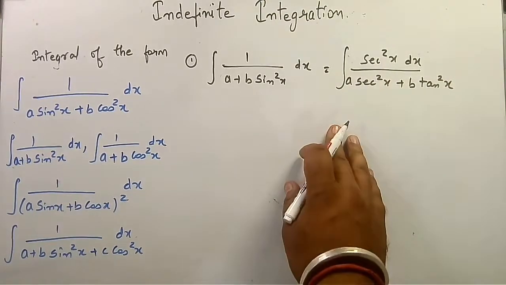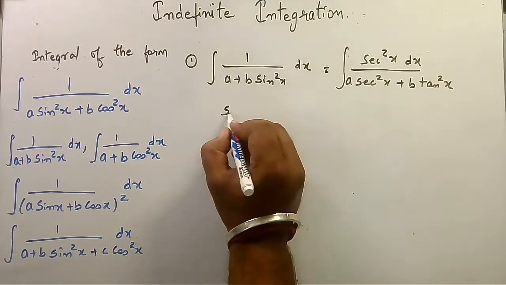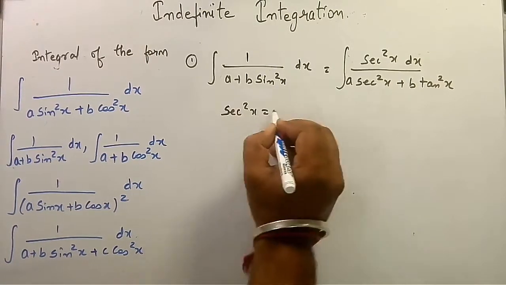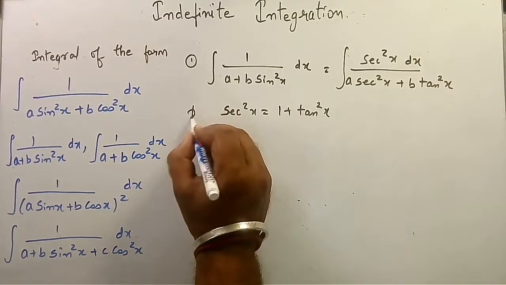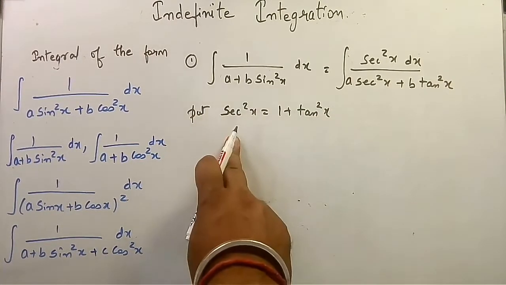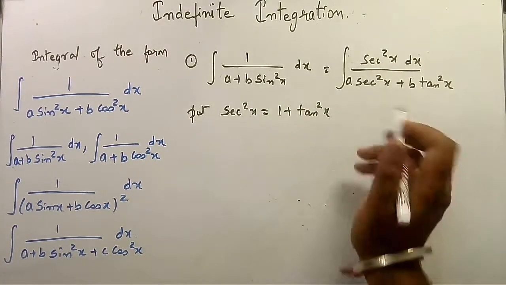Now in this case, where there is a term of sec square x in the denominator, put sec square x equal to 1 plus tan square x. If there is a sec square x term in the denominator, you put sec square x equal to 1 plus tan square x.